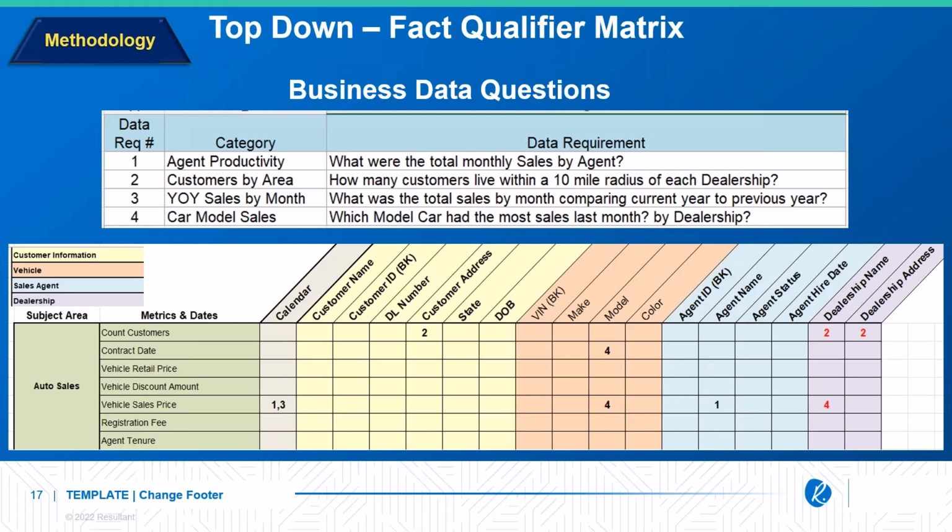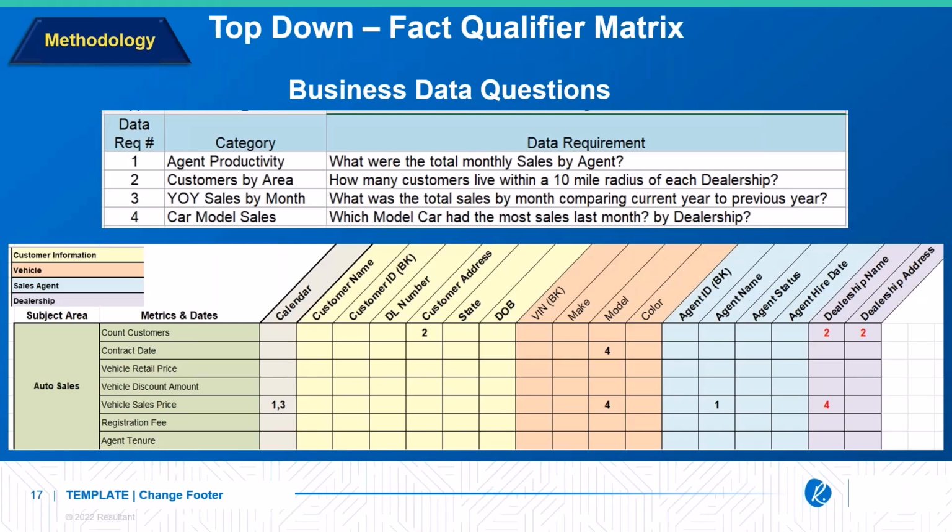What goes across the top becomes our dimensions, and what goes vertically becomes our facts, okay? This is how I like to start the modeling process, okay? It doesn't start in a data model, okay? It starts here with the requirements.